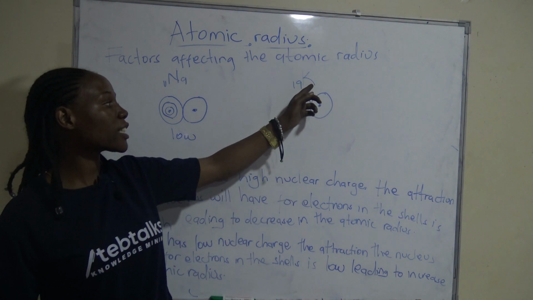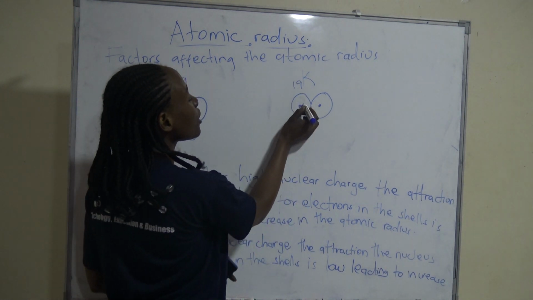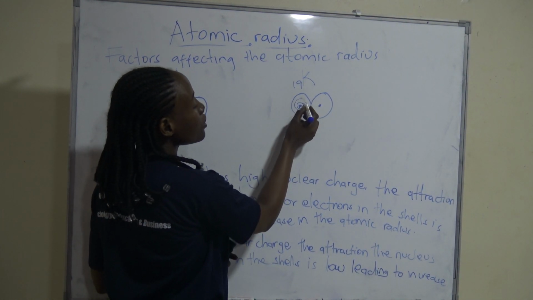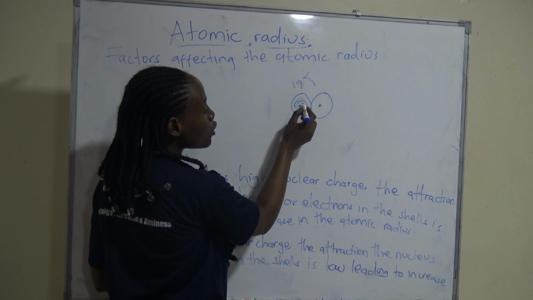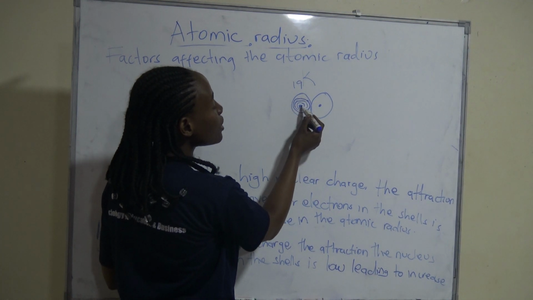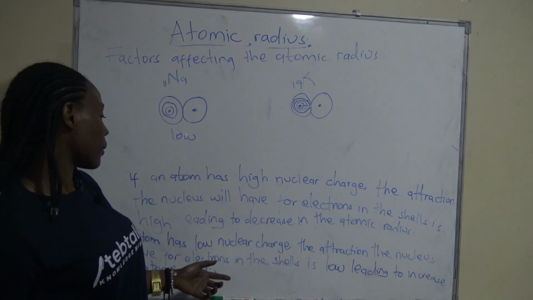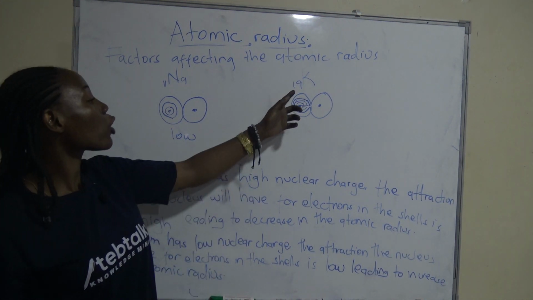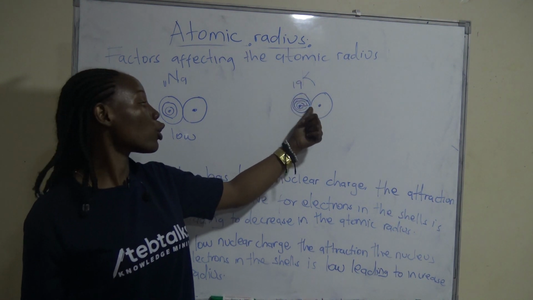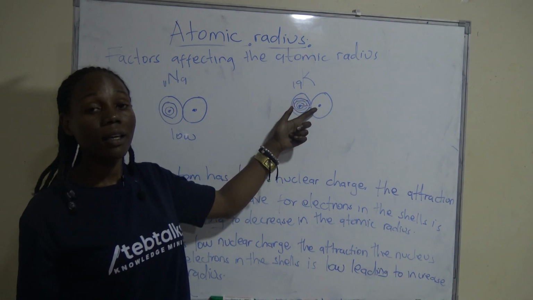You look at potassium having 19 protons, and these 19 protons will increase the effect of pulling the electrons in these shells. So the shells will come a little bit closer to the nucleus, reducing the atomic radius. That is why we are saying that if the nuclear charge is high, the attraction of the nucleus for the electrons in the outer shells is greater.